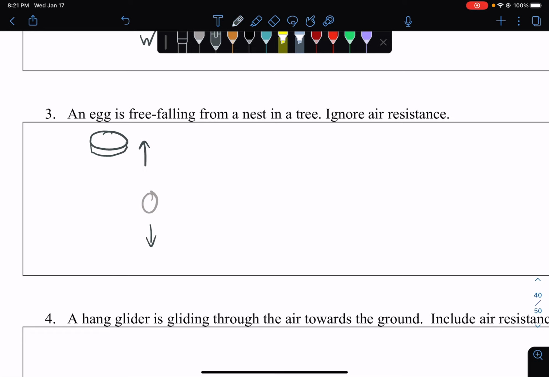The egg is mid-air, so I'm thinking this is supposed to be the normal force. This is the weight. So summation Fy is equal to N minus W.